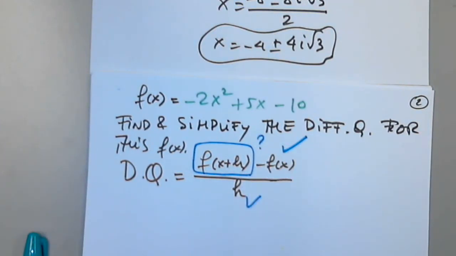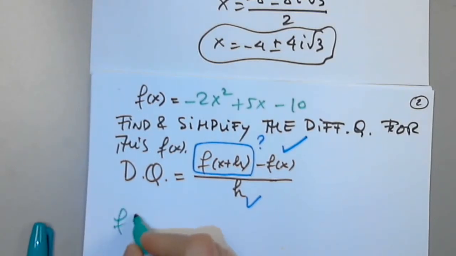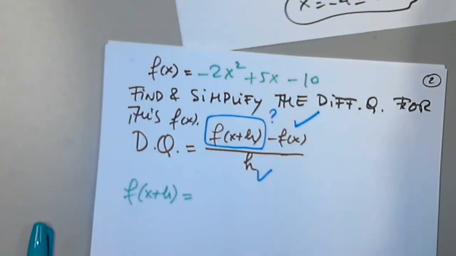That was the first question. The second question is, I'm looking at this function and I'm asking myself, what does this function say to me? It says negative 2 times blah squared plus 5 times blah minus 10. So now if you ask me to find f of x plus h, I know what to do because I know how to read the function: negative 2 times whatever squared plus 5 times whatever minus 10. So please dictate what I should write.